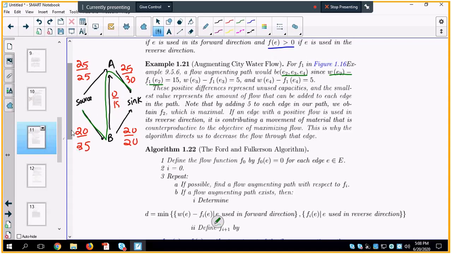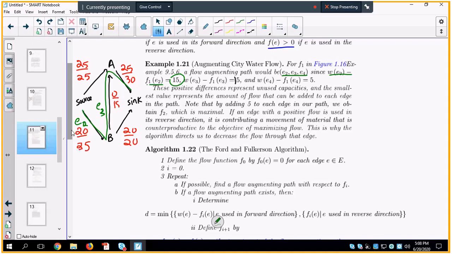On this first edge, E1, the difference between the capacity and the flow is 15, 35 minus 20. In the second edge, or rather this is E2 and this is E3, the difference between the capacity of 15 and the flow of 0 was 15. So this should say 15.